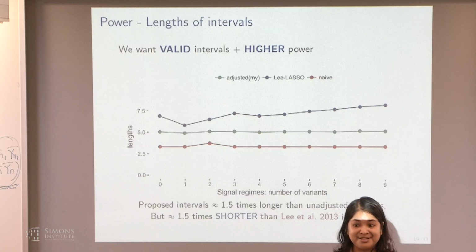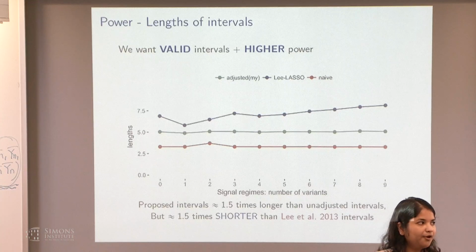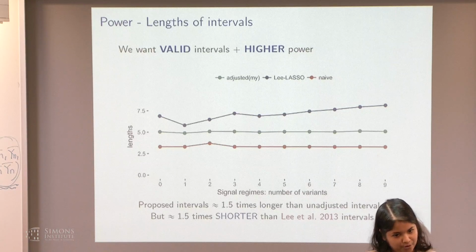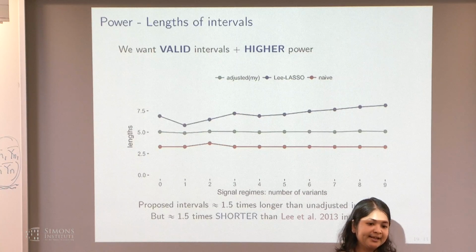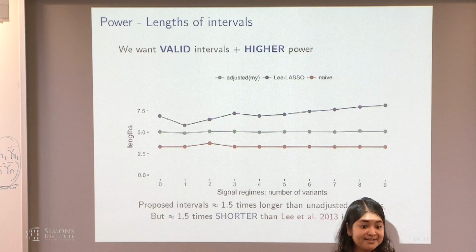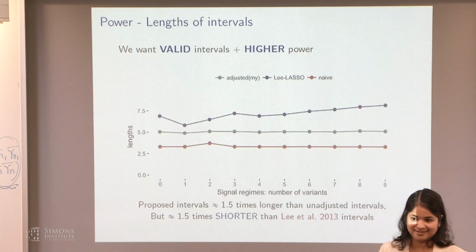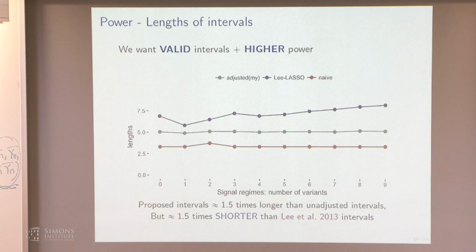But at the eVariant stage, we were over-selecting a bit more. We were over-selecting a few more noise variables, but we were capturing as much signal as they were. As far as simulations go, I don't know what it is in reality, but that was the outcome of the simulations.